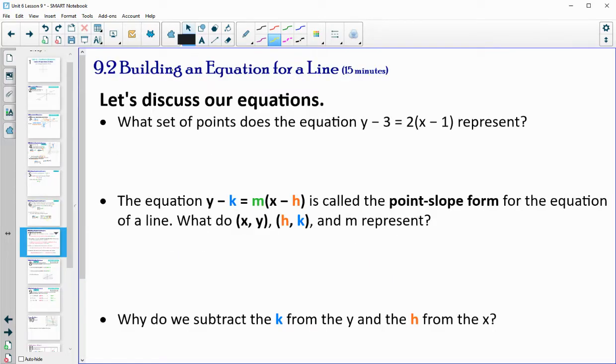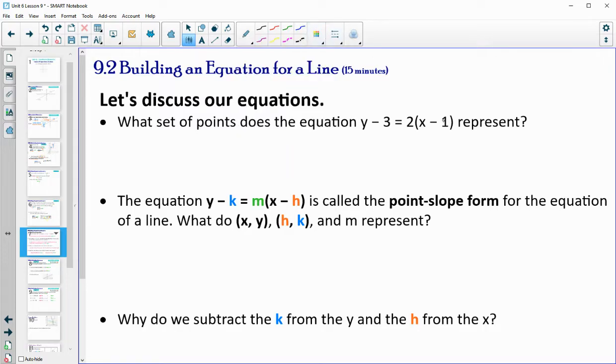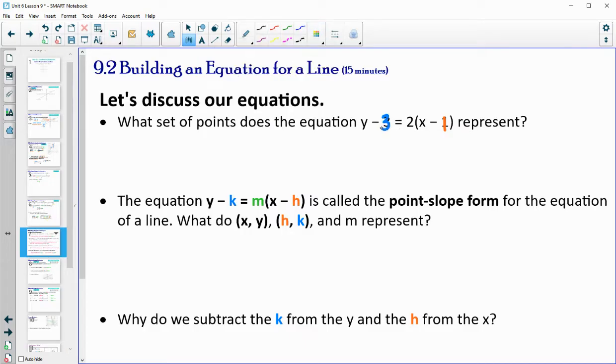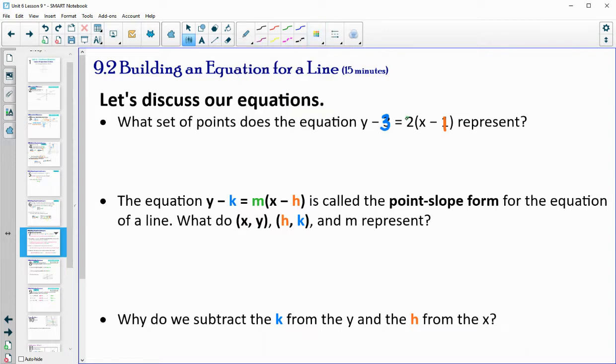All right, so let's discuss this. What set of points does the equation y minus 3 equals 2 times x minus 1 represent? What point does this go through, and what's the slope? 1 is the x coordinate, 3 is the y coordinate, and our slope is 2.